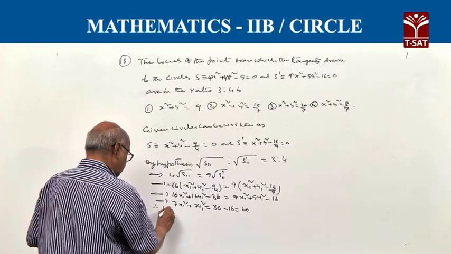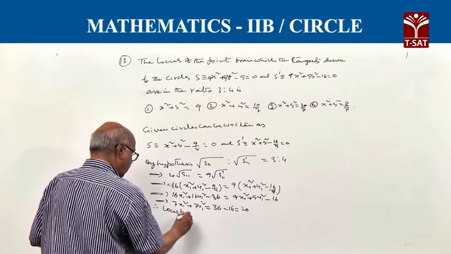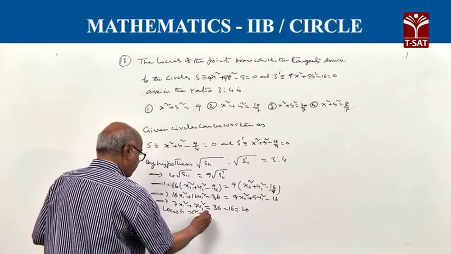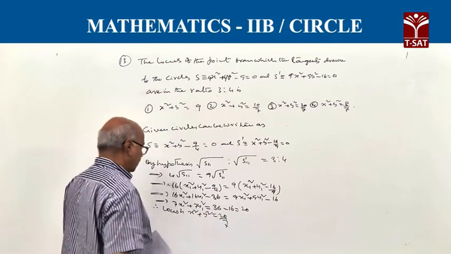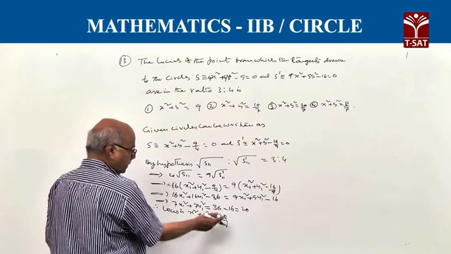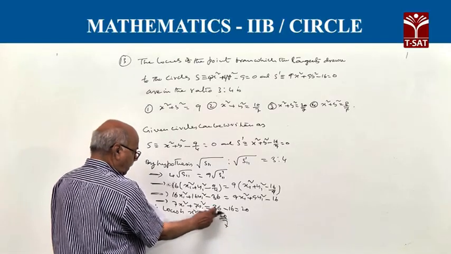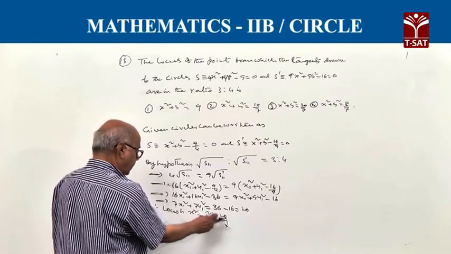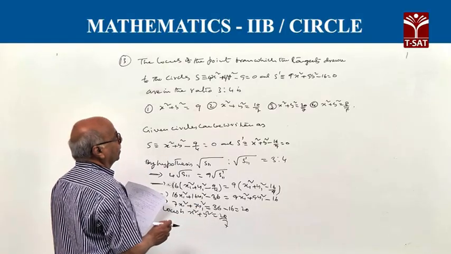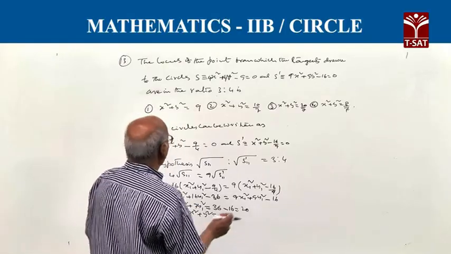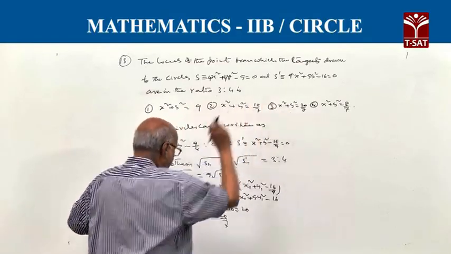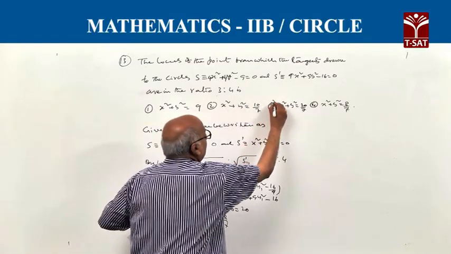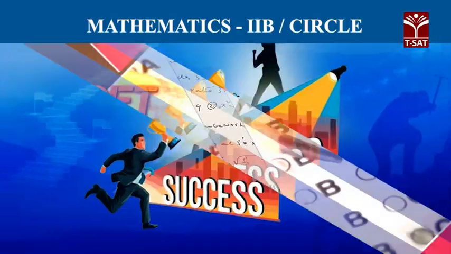So, therefore, locus is x square plus y square is equal to 20 by 7. So, the radius square is 20 by 7. So, the equation of the circle is simply x square plus y square is equal to 20 by 7. So, option number 3.